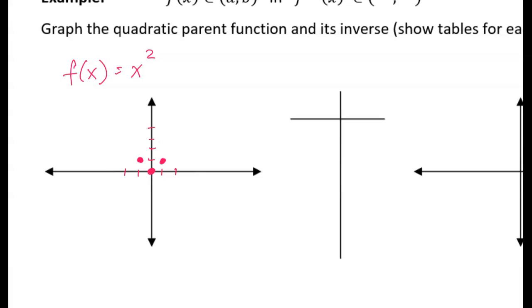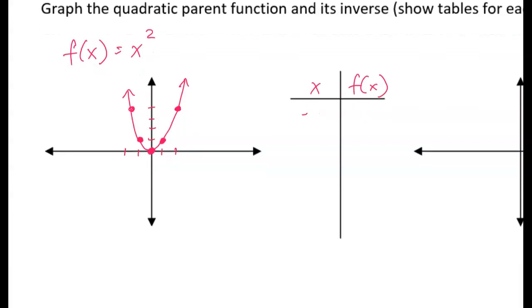Good, I have to square it to get my y value. And the mirror image point is also created. So that's my quadratic. And I'm going to list these points, coordinates from left to right. I have a negative 2, 4. I have a negative 1, 1, a 0, 0, a 1, 1, and a 2, 4.